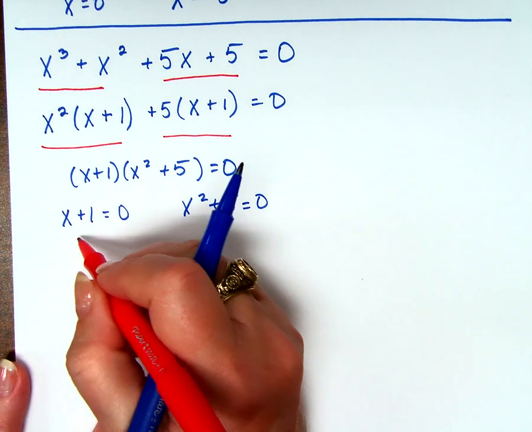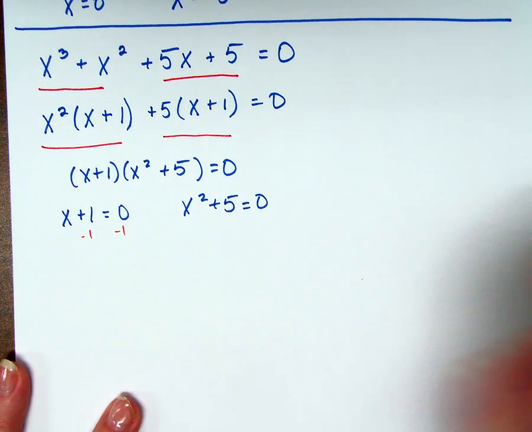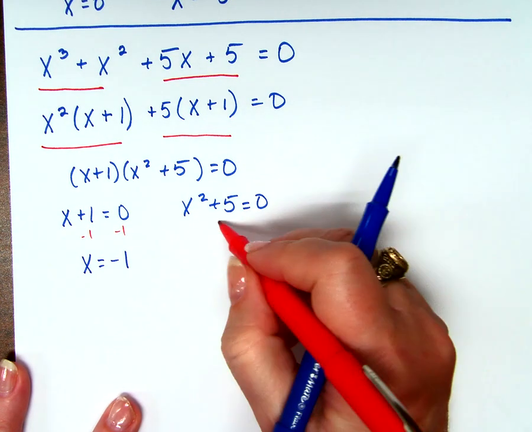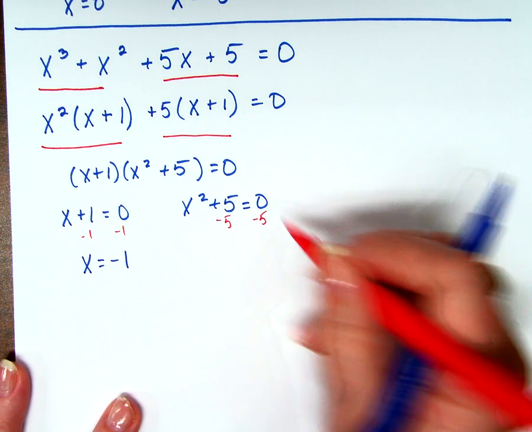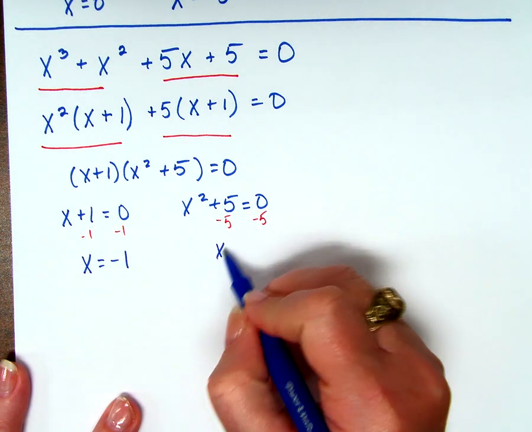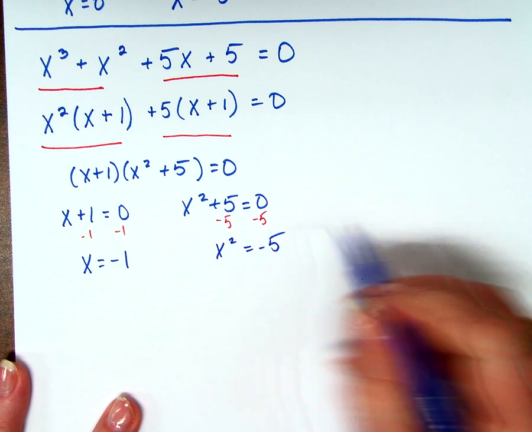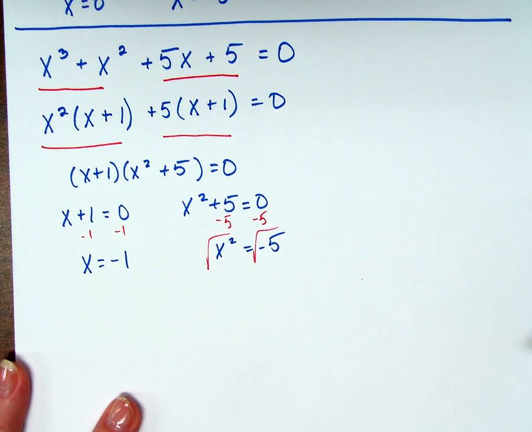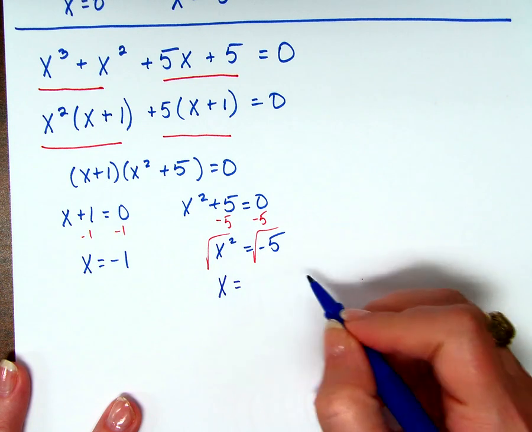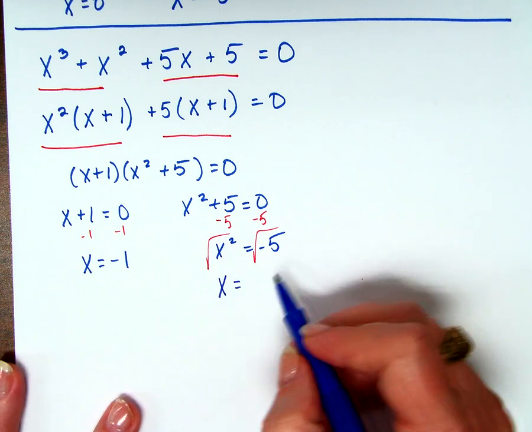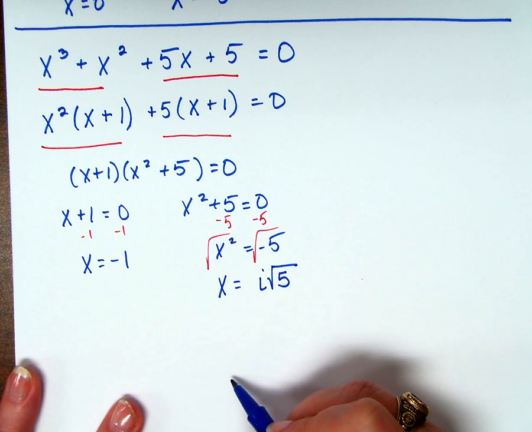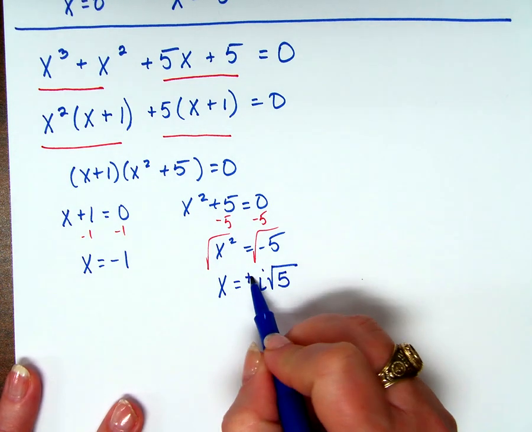So here, of course, I want to subtract 1 from both sides to get x equals negative 1. Here, if I subtract 5 from both sides, I get x squared equals negative 5. How do I undo a squared? Square root. X equals what? Plus or minus.